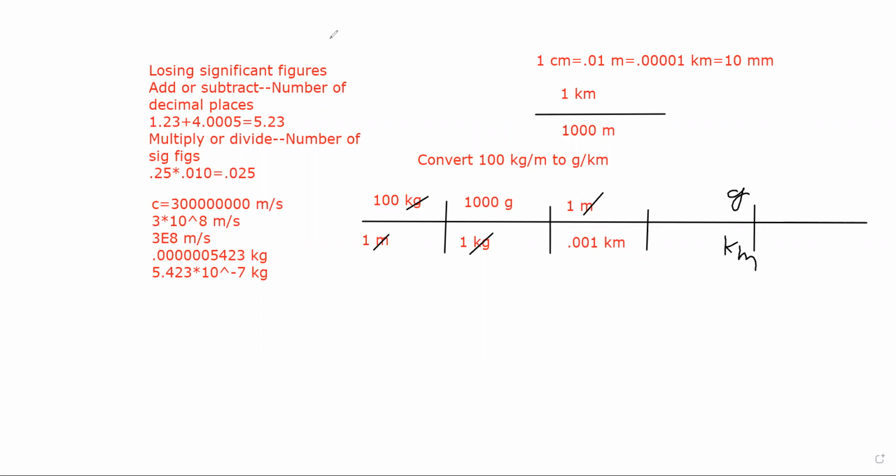So anyway, then you're going to multiply. Anything that's in the top, you're multiplying. Anything that's in the bottom, you're going to divide it. So what I'll end up doing is 100 times 1,000 divided by 0.001. And it comes out to what? I did something wrong. 1 kilogram, 1,000 grams.